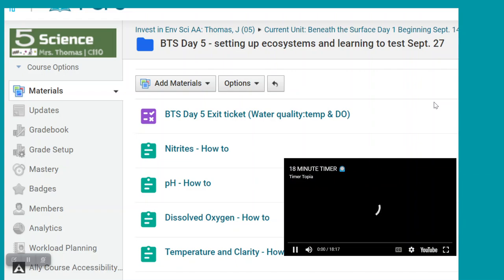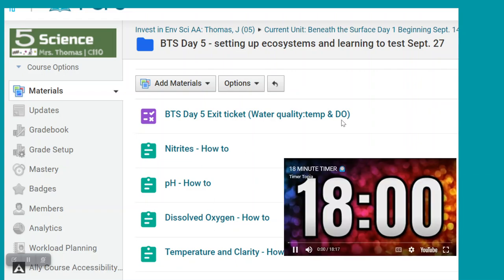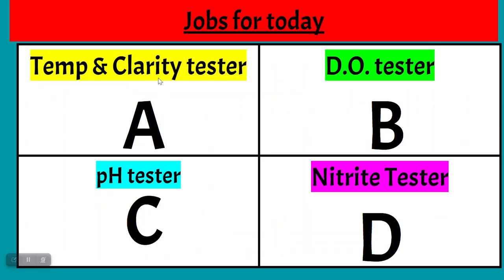All right, so we're going to give 18 minutes for people to try to go through some of these. But you might want to figure out what job you're going to do first, and make sure you read up on that job first, because you can do these in any order. So if you're person A, you know you're going to test for temperature and clarity. If you're person B, you're going to test for dissolved oxygen. If you're person C, you're going to test for pH.